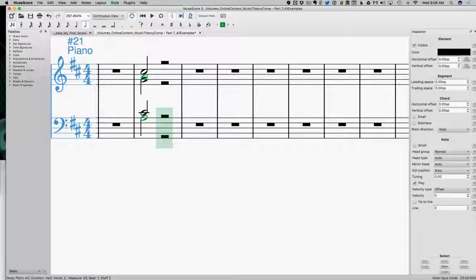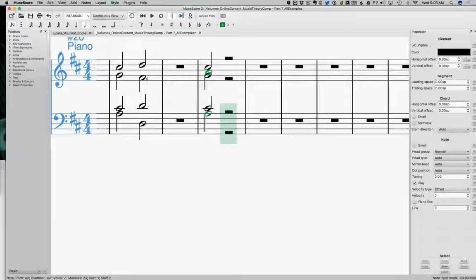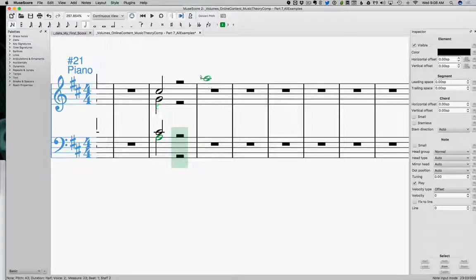But let's find another way to resolve it. So here's that same 5-7 chord resolved bad, right? Because we have this double leading tone. Let's try the same 5-7 chord again, the same voicing of it, but let's try to resolve it in a slightly different way and see if we can do any better.